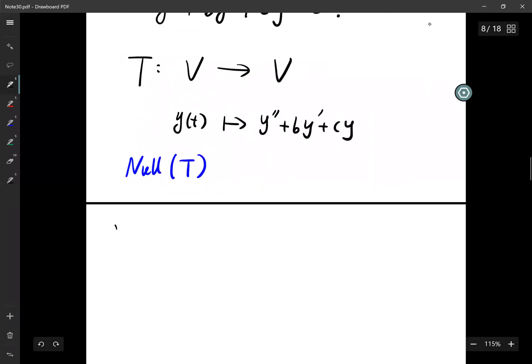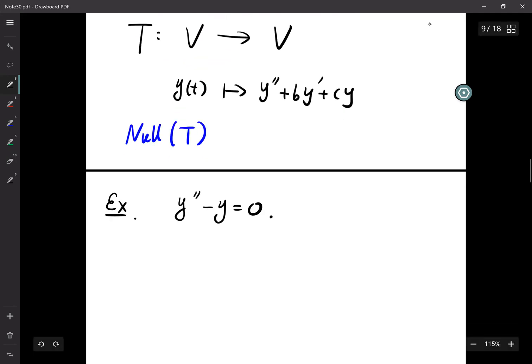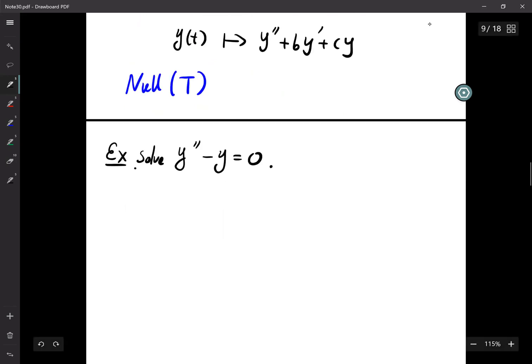Let's look at the example. Solve this. How do I solve this problem? You can make some educated guess. For example, exponential t seems to be right, because take a derivative is still exponential, take double derivative is still exponential, and I get a solution.